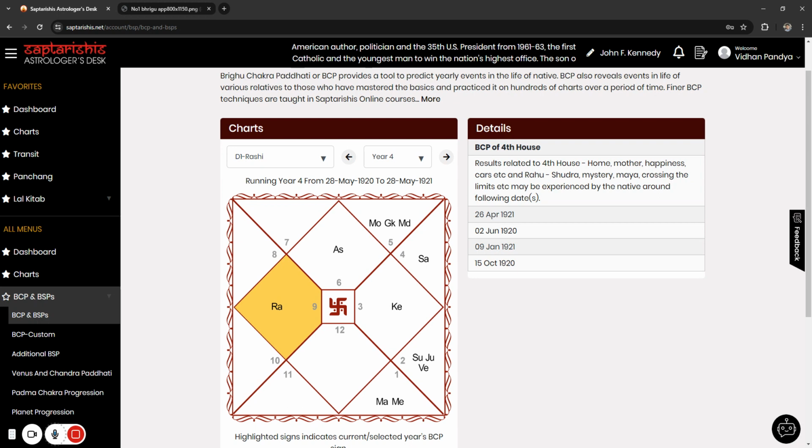There is no need for you to use transits or dashas here. You just have to use significations of the houses and significations of the planets, and all of these significations are available to you right here on the same screen, right? You don't have to think too much, but just using simple significations you'll be able to predict.